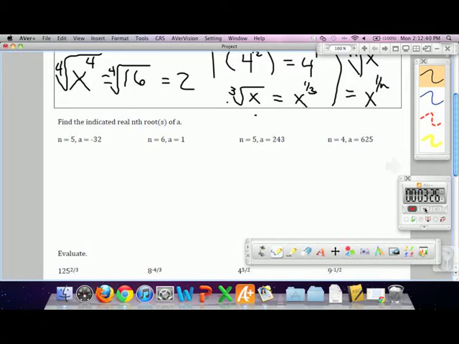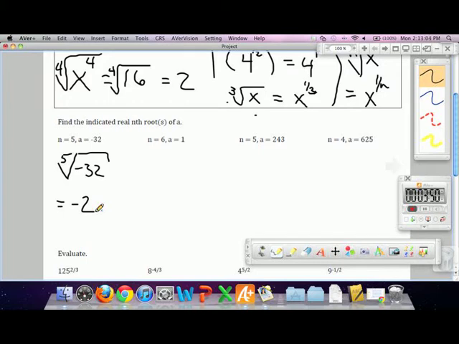The fifth root of -32 should be equal to... -2 times -2 is 4. 4 times -2 is -8. -8 times -2 is positive 16. Positive 16 times -2 is -32. So -2 is the fifth root of -32.